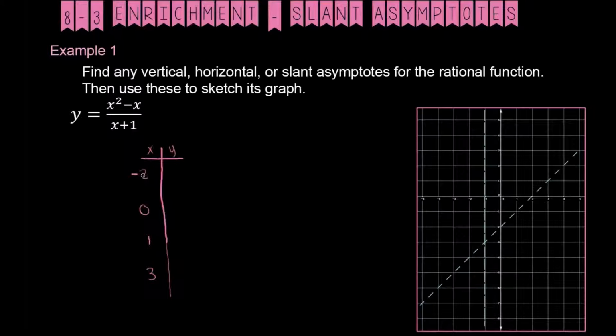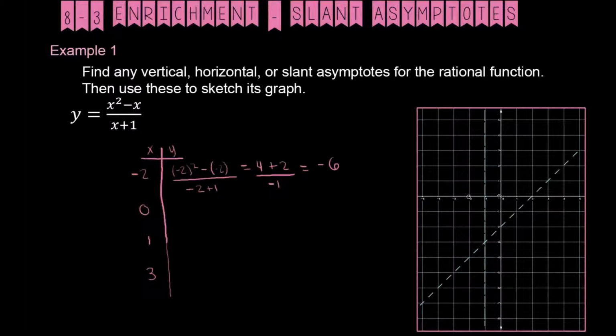So at -2, if I plug that in, I get -2 squared minus -2 over -2 plus 1. So -2 squared is 4, minus a -2 is plus 2, and then -2 plus 1 is -1. So I get a -6 as this point.